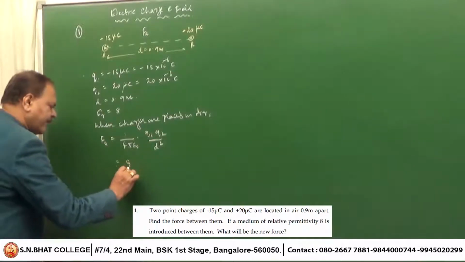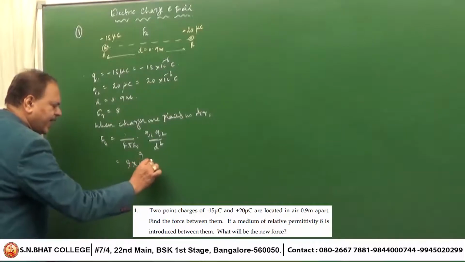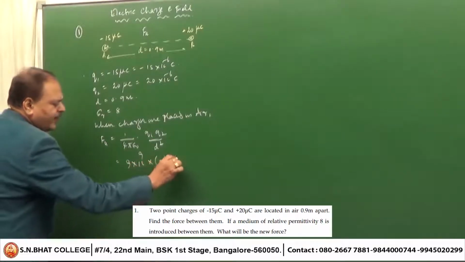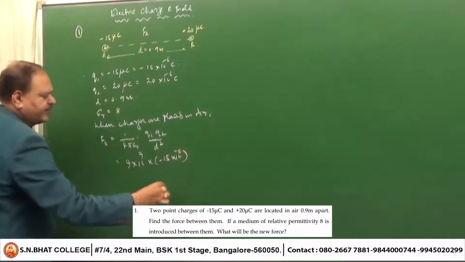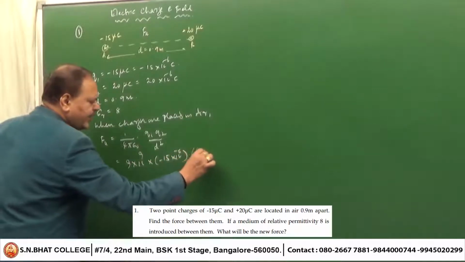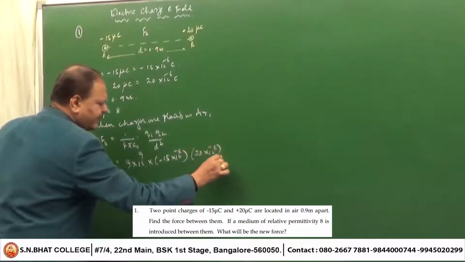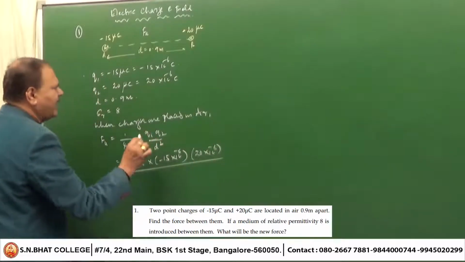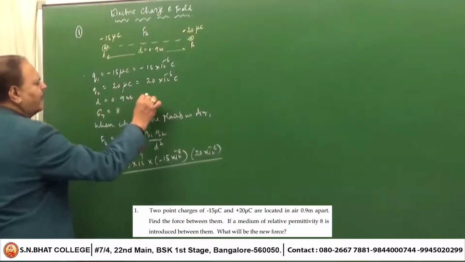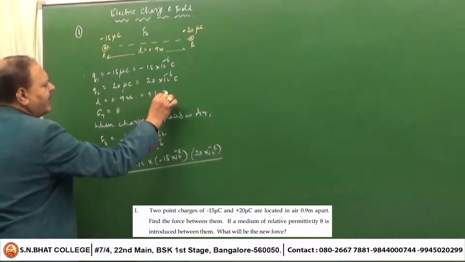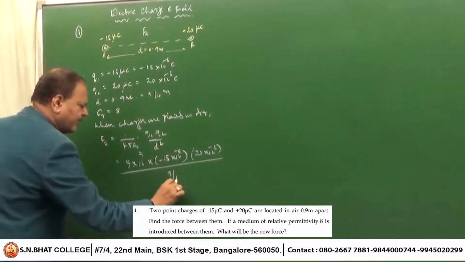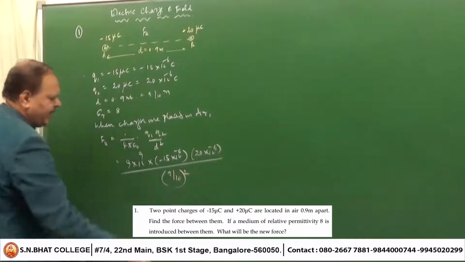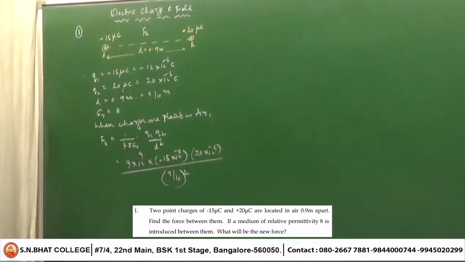Your problem is 9 into 10 to the power of 9, into minus 15 into 10 to the power of minus 6, and another is 20 into 10 to the power of minus 6, whole divided by 0.9 squared. 0.9, you can write as 9 by 10, since the square is there, it would be easy to calculate. So, 9 by 10 whole square.